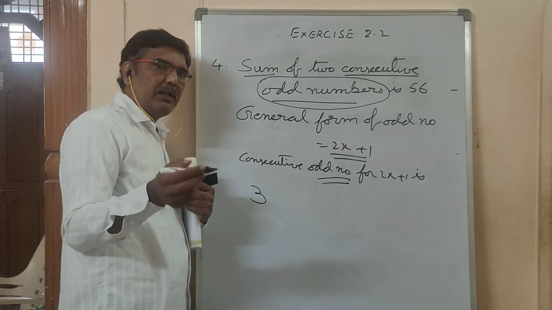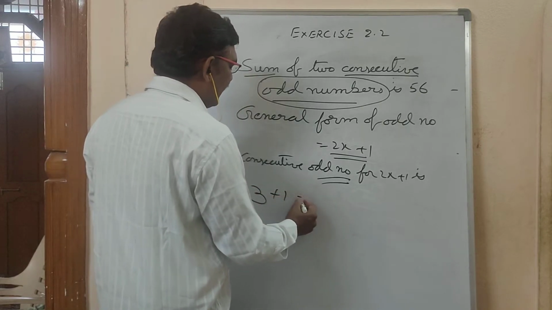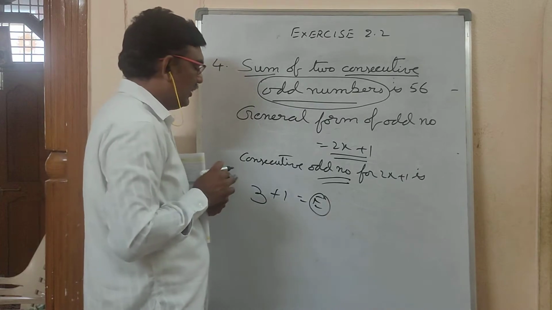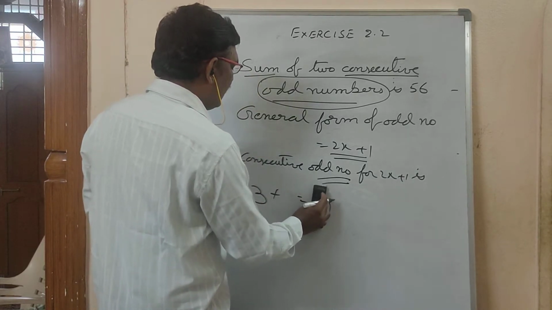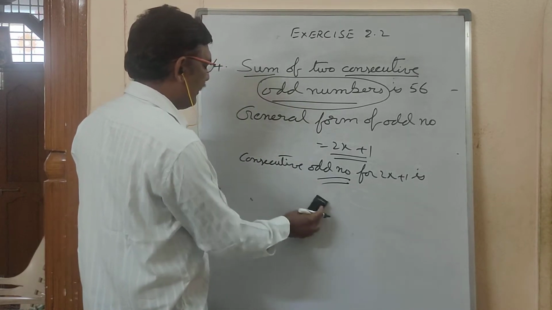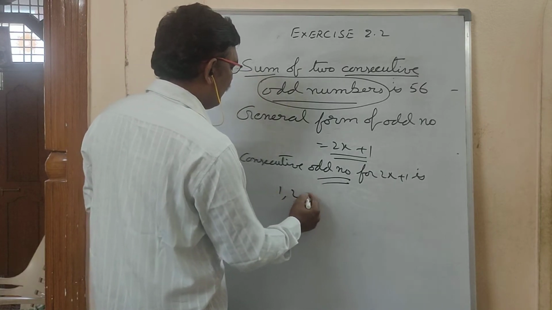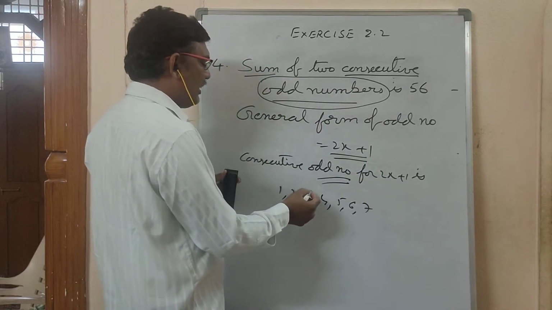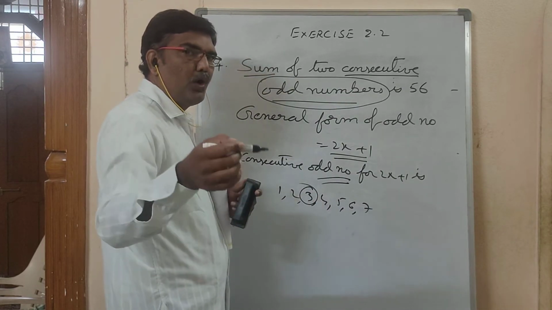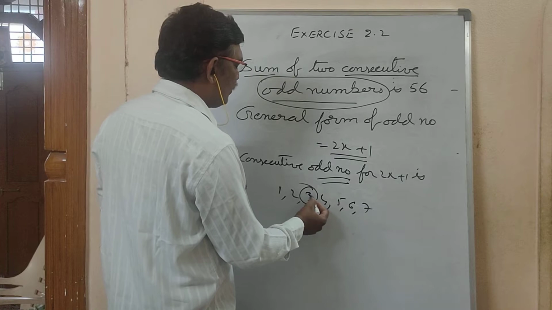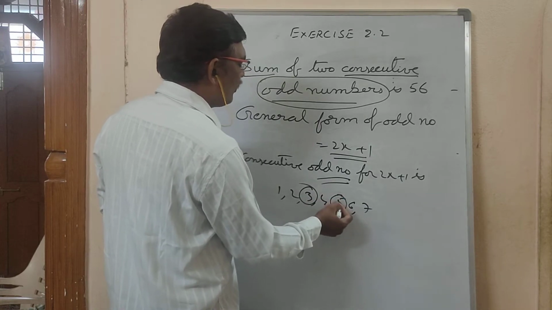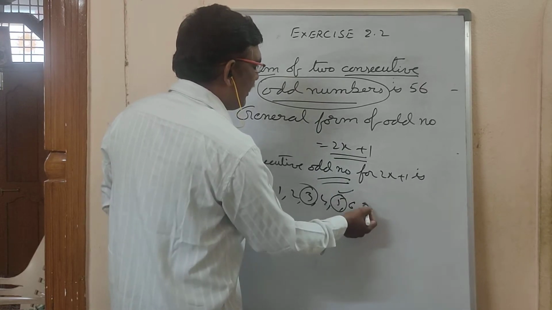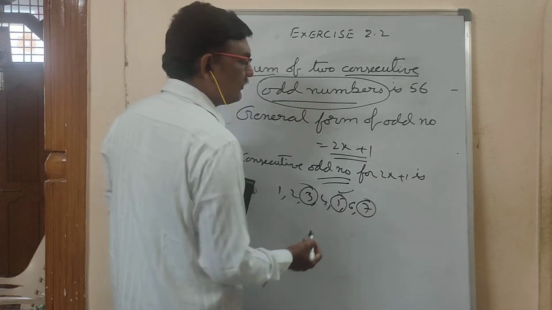For 3, if you add 1, you are getting an even number. But what I want? An odd number. So to get the consecutive odd number, means the next odd number, if you write numbers 1, 2, 3, 4, 5, 6, 7 like this, one odd number is 3. If you want the next odd number, you should not add 1. You should add how much? 2 you should add. One number is 5. To get the next odd number, you should add 2 to this one.